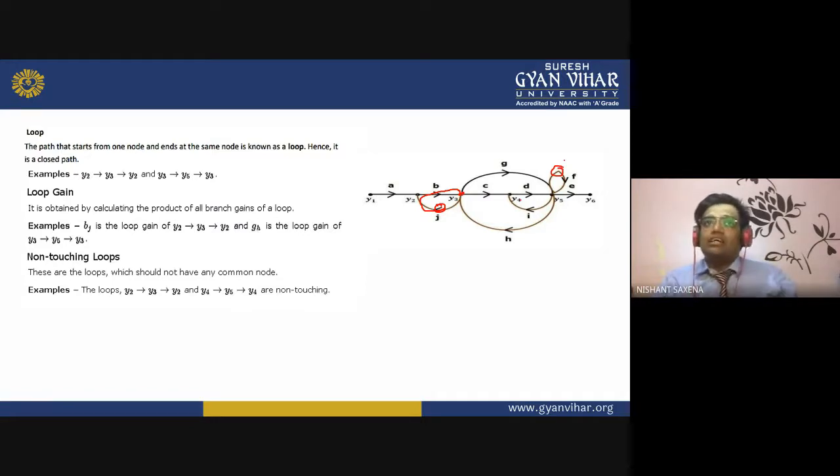One is y2, y3 and back to y2. Another non-touching loop is y4, y5 and back to y4. So there are two non-touching loops in this signal flow graph.